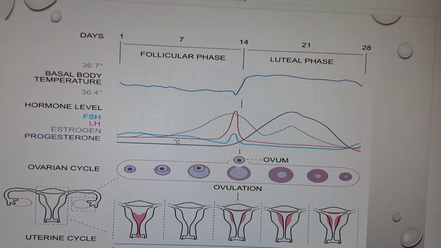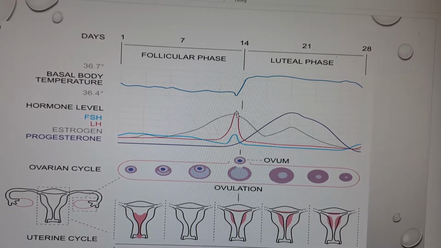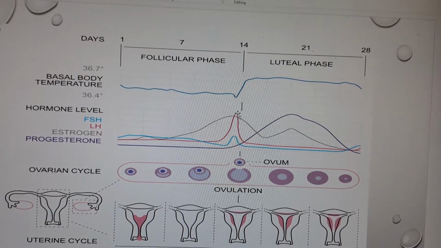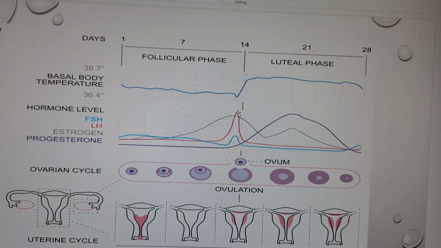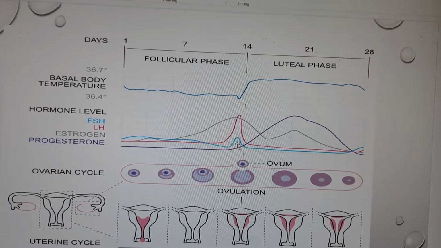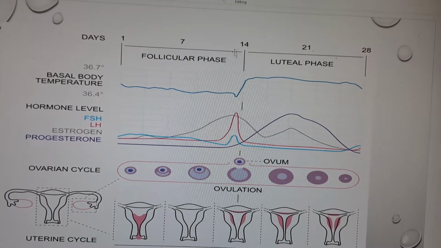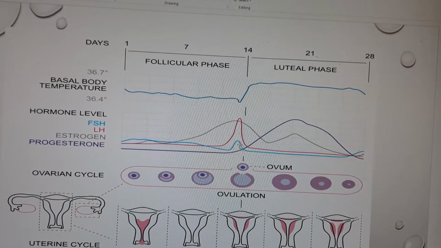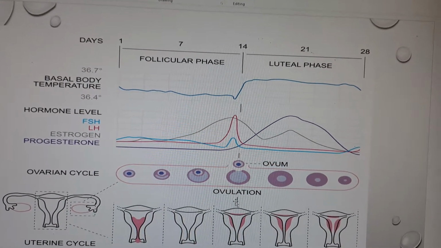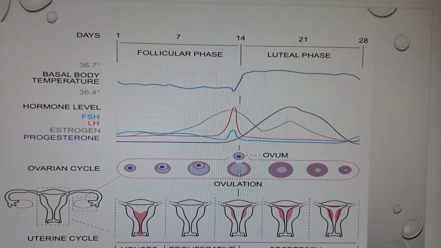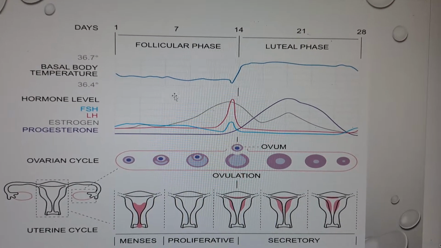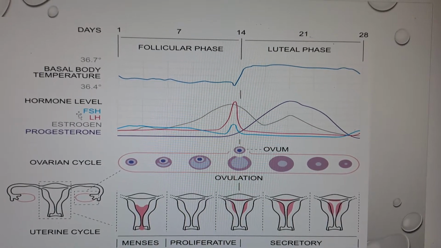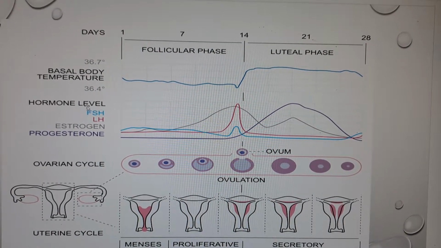LH and estrogen are equal, and FSH and progesterone in the mid cycle go down. Then FSH goes down just as the egg is ovulated, and the ovulation occurs. FSH, the follicle stimulating hormone, is released by our brain.